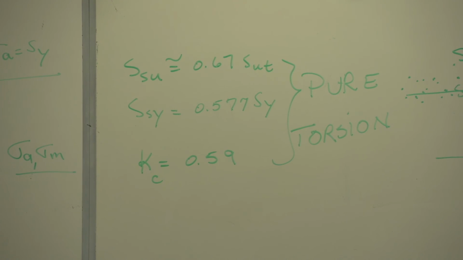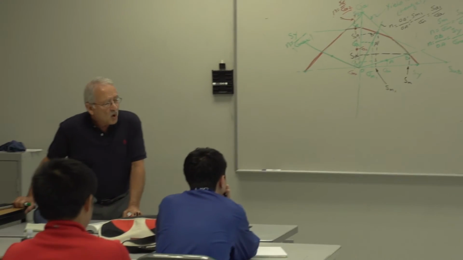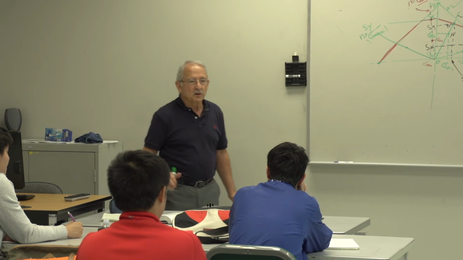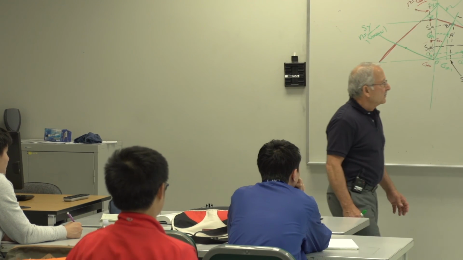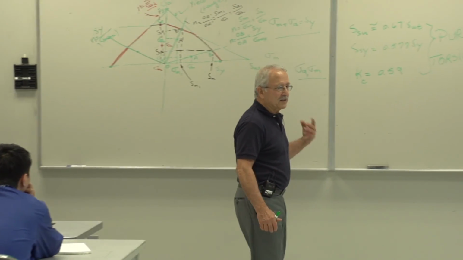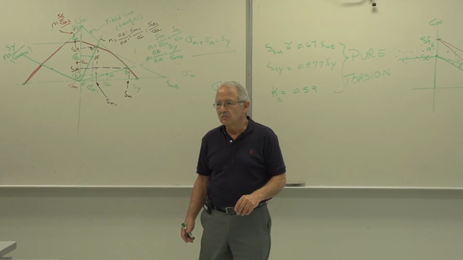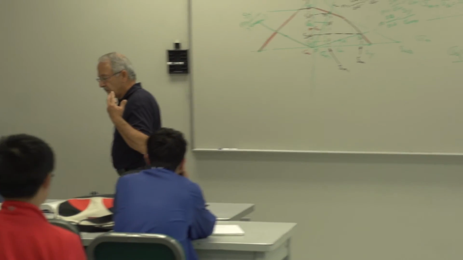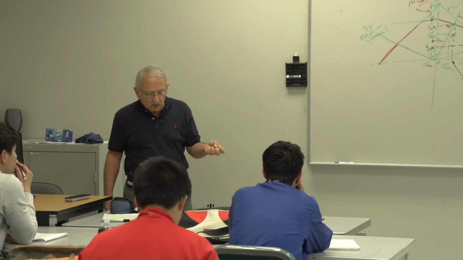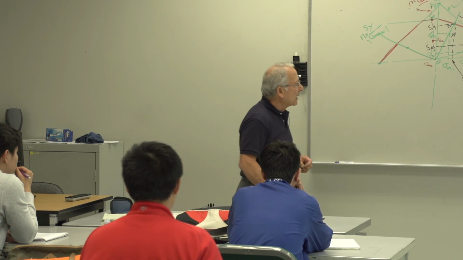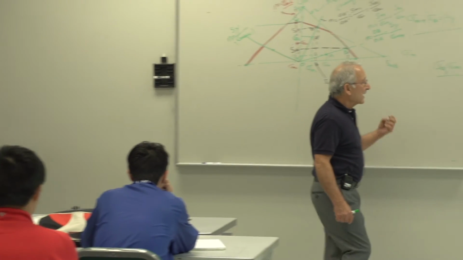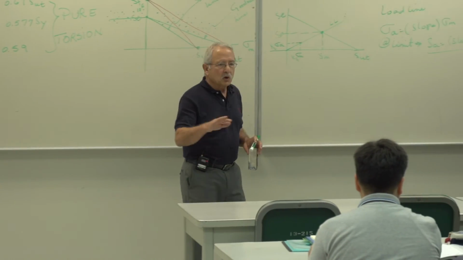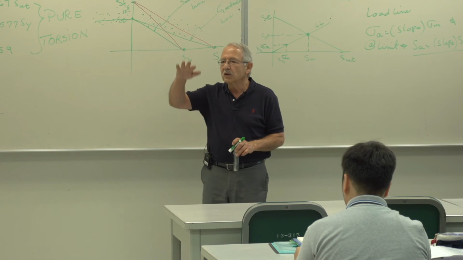Now, in almost all cases, we don't have just one type of loading. We don't have just bending or just torsion or just axial load. We're combined. That's why we did von Mises, for example. This is no different either. And what we are about to talk about is the analysis of fatigue in combined loading, provided that the loads go up and down in phase.